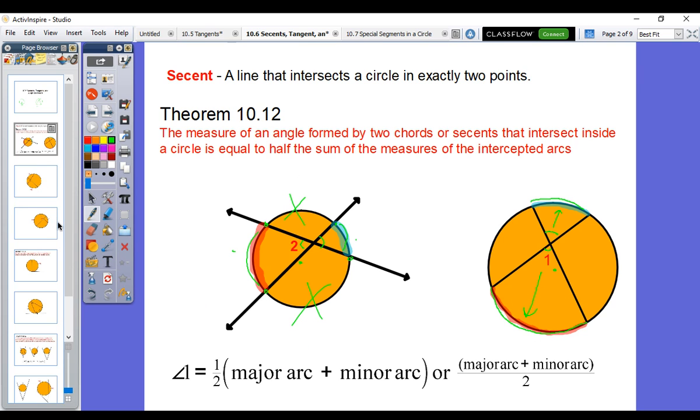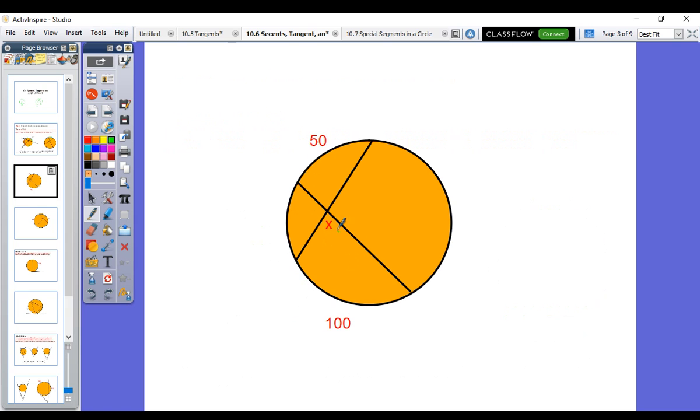So for example here, we're looking for the value of x right here. All right, let's look at the two arcs. We have our major arc. If you're not sure which one, just follow these legs. It goes from here around all the way to the next intersection right there. So this is our major arc. This is our minor arc. Follow the leg here all the way around here.